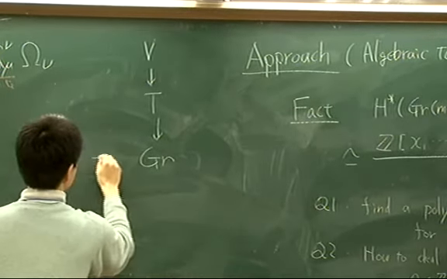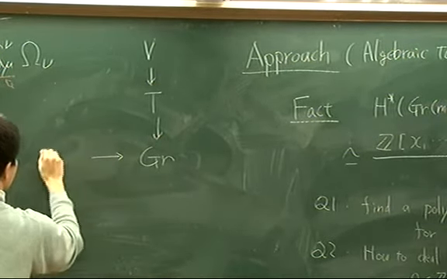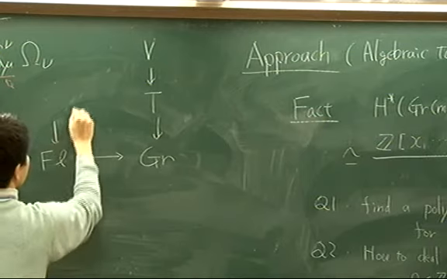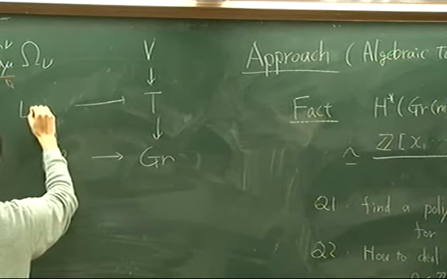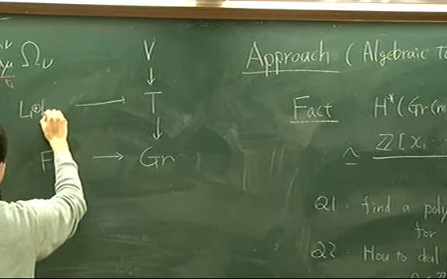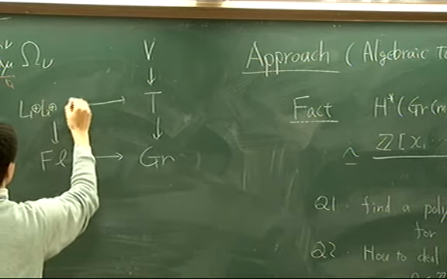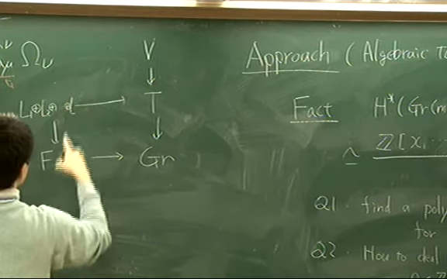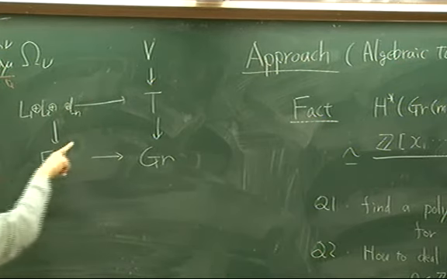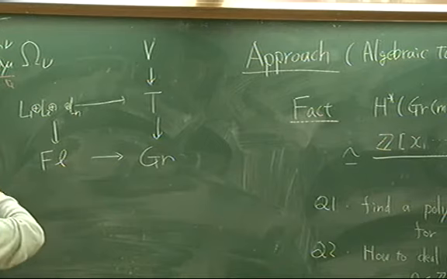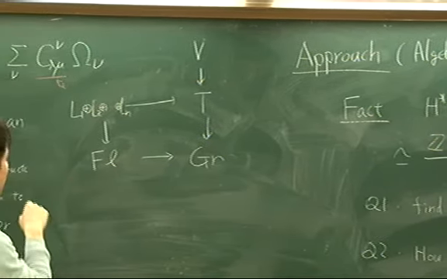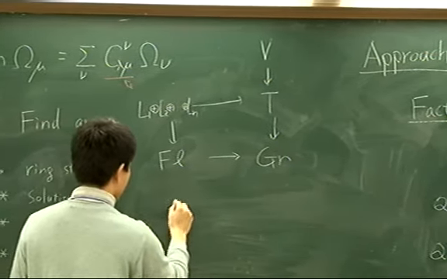Then we can pull it back to some manifold, and then we have the splitting principle. How is the flag construction defined?